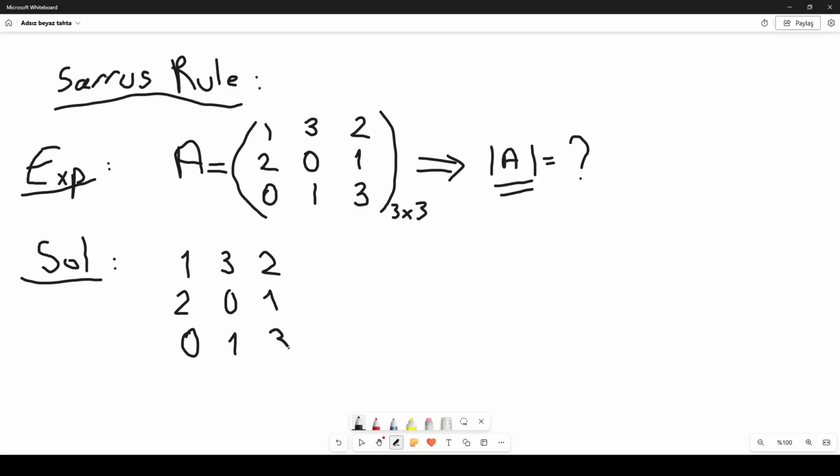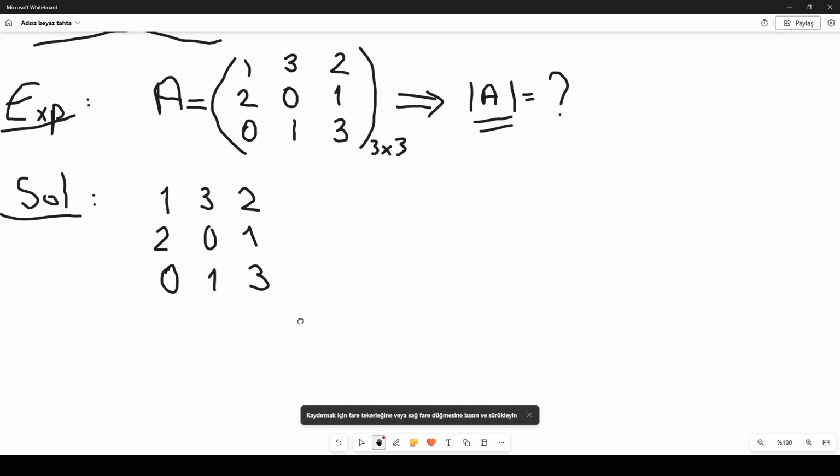These are the three rows. And then expand the top two rows below the last row. What I mean is, we rewrite the first two rows below the last row, which are 1 3 2, the first row, and 2 0 1, the second row.